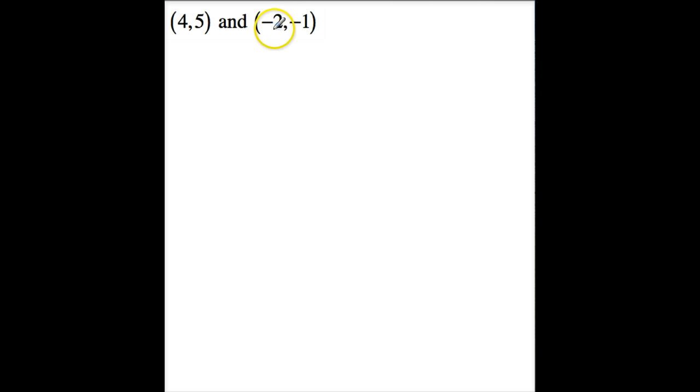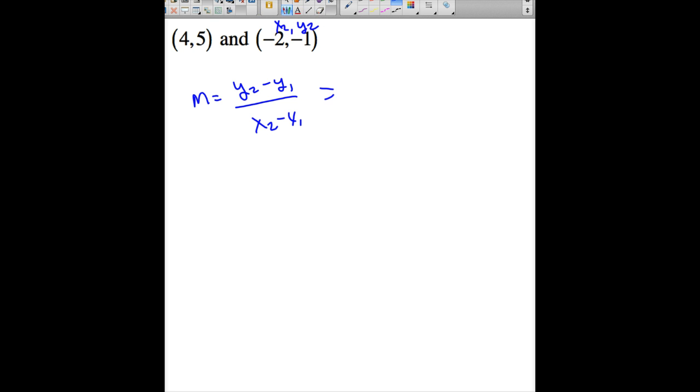What if I have 2 points and I want the equation of a line through them? Well, the first thing you have to do is find the slope. The slope is y2 minus y1 divided by x2 minus x1. And it does not matter which one you pick as x1, y1, and x2, y2. So let me pick this as x2, y2, because I like symmetry here.